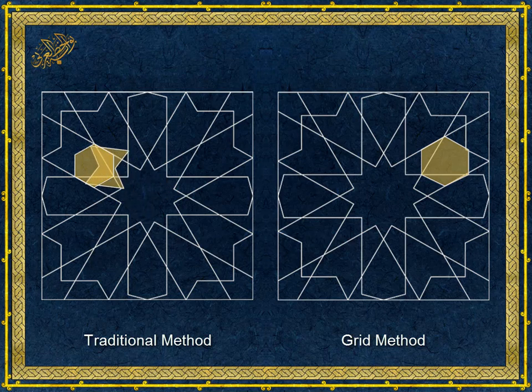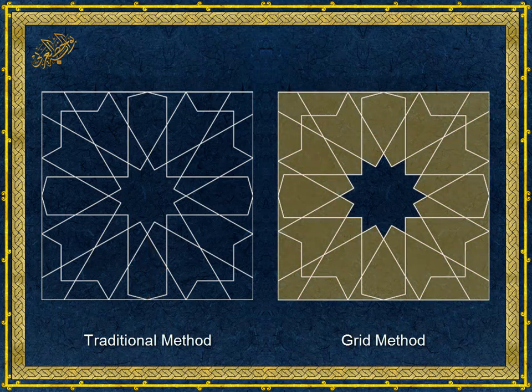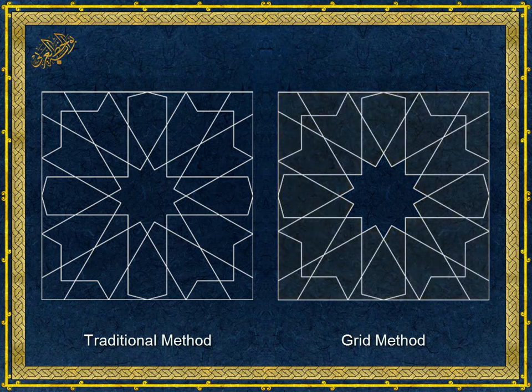Throughout all these comparisons, it is obvious that the shapes in the pattern constructed with the traditional method comply fully with the proportional relationship rules. On the other hand, 6 out of 7 shapes in the pattern constructed by the grid method fail to show any noticeable relationship with the star or with each other.